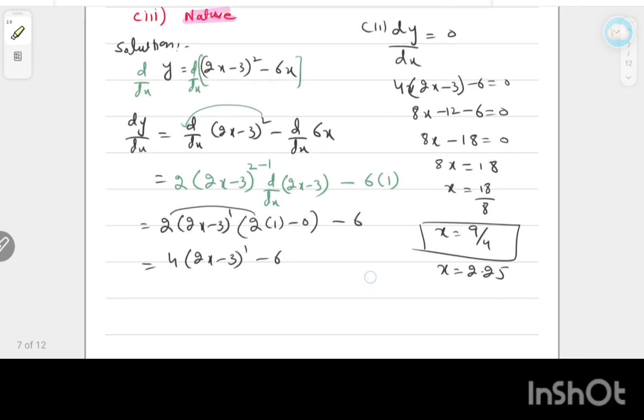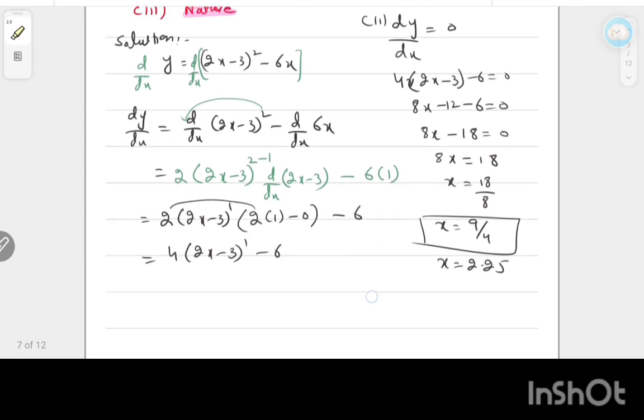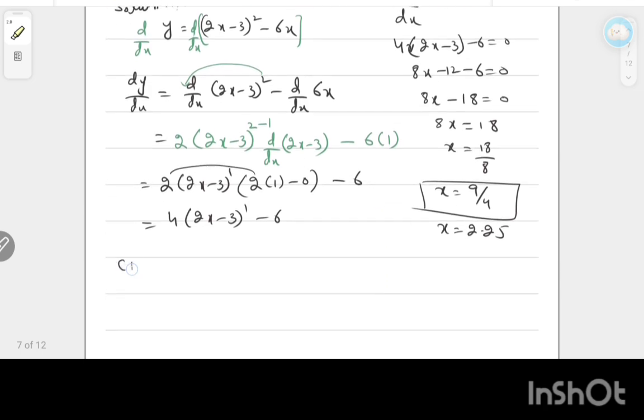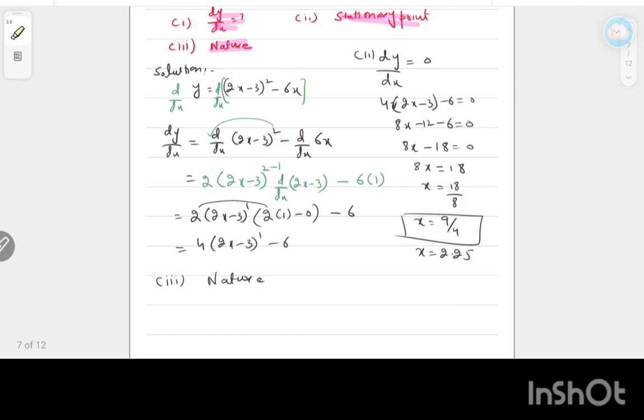For the third part, about nature, it's very simple. We have to take the second derivative.